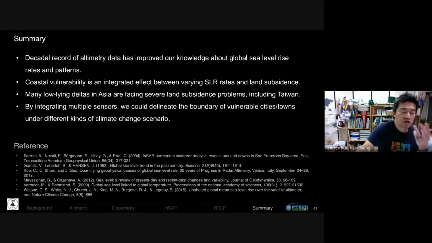Then actually what we really care about is the interface problem. This is called the critical zone. The critical zone is along the coastline, and landward and seaward some kilometers. We call that the coastal zone because it's heavily populated and has a lot of ecosystems.